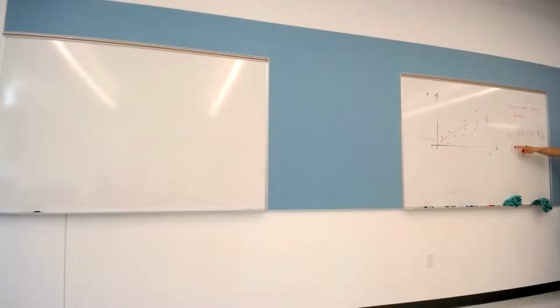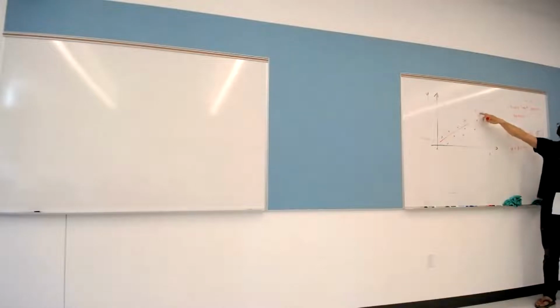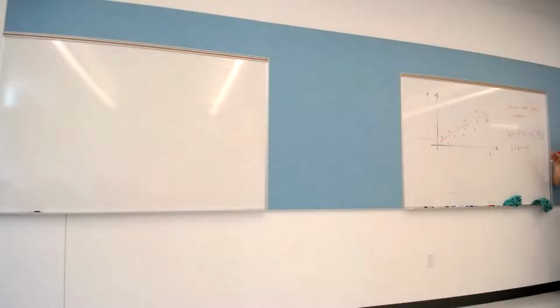And these hat terms mean these are your predicted values, okay? So these are the terms that come from your model. And so the y hat isn't the actual one representing the x, it's representing the point that you predict on the line. So that's the difference between having these hat terms versus not having them. Any questions about that?